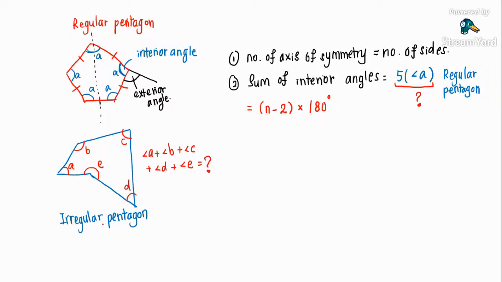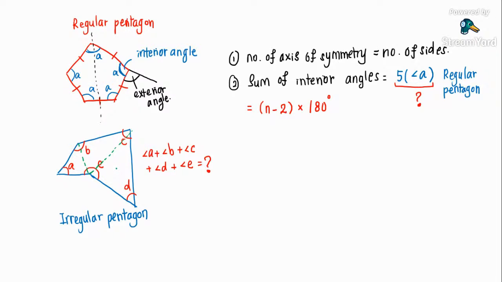So for example, for pentagons, I will take a green line here. For any 5-sided polygon, I can actually find one triangle, 2 triangles, and 3 triangles. So as you can see, when I draw the green dotted lines, I can find 3 triangles in this pentagon. You can try with any 5-sided polygon; you will definitely find 3 triangles.